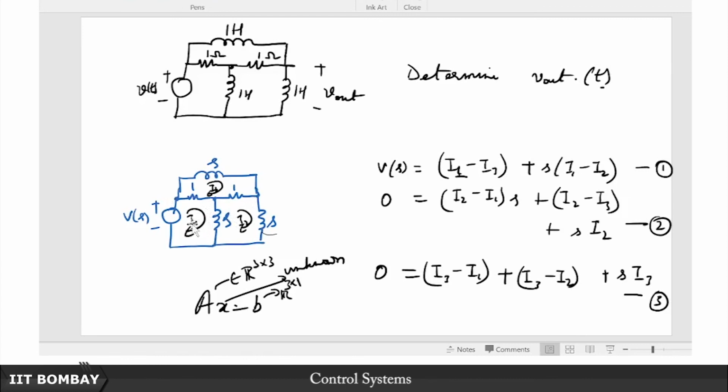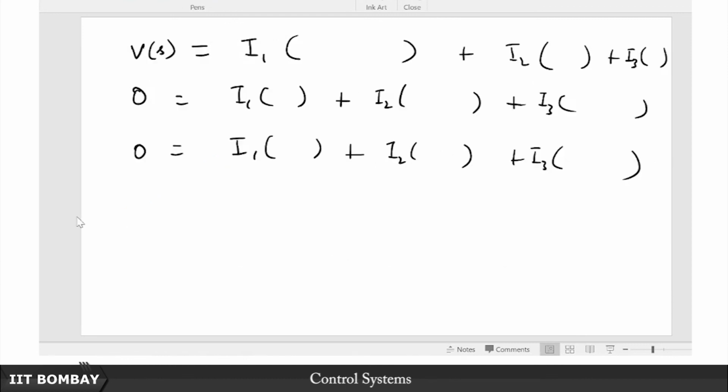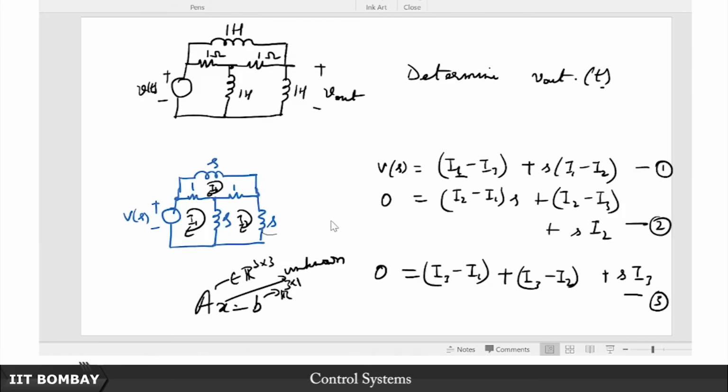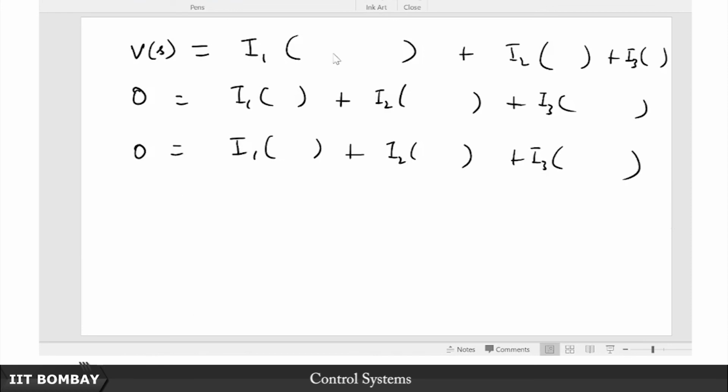In the first equation, which is corresponding to loop 1 whose current is I1, what I am going to write for the coefficient of I1 is the sum of all the impedances in loop 1, which is S plus 1, right. So I am going to just write S plus 1.